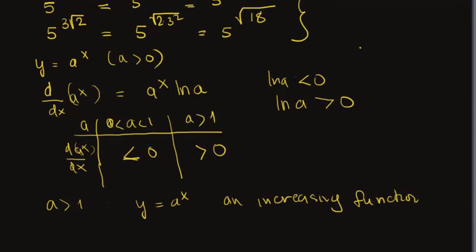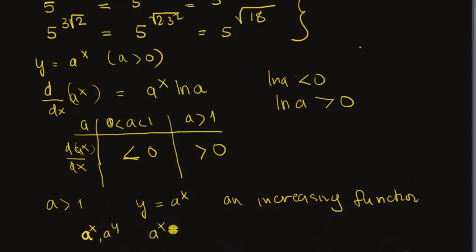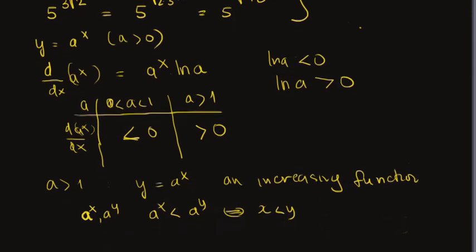What it means is when we have two powers, for example, a to the x and a to the y, a to the x is less than a to the y if and only if x is less than y. Okay, let's apply this result to solve our question.